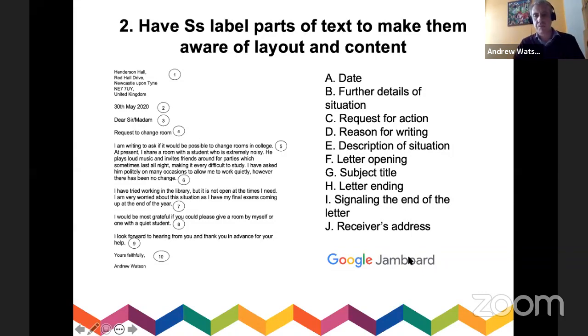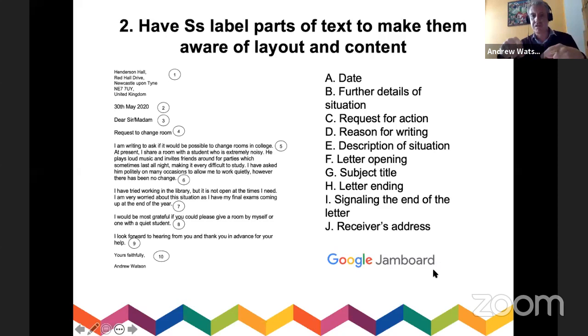Okay, so I'm going to post this into the chat, and I'm going to nominate a person to match the parts. So Montserrat, okay, can you actually do the moving of the parts of the letter?